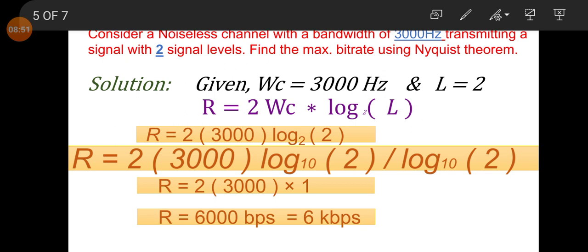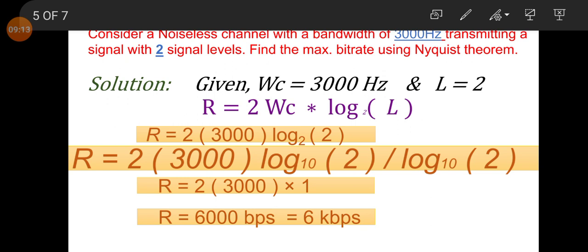So to convert any logarithmic value with the base 2 to base 10, we need to divide that value by log 2. Whatever value we are converting, we have to divide it by the same value, that is log 2. Clear?